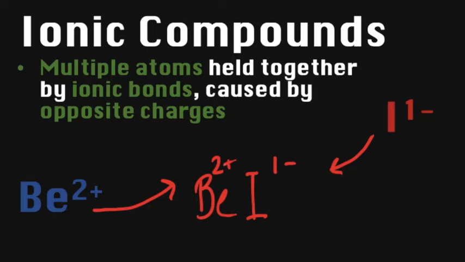Overall, this compound still has a positive 1 charge, because this negative 1 charge from iodine only cancels out 1 charge for the beryllium. Beryllium's positive 2, iodine's negative 1. So the overall charge of the ionic compound is still positive 1, and this is a problem.